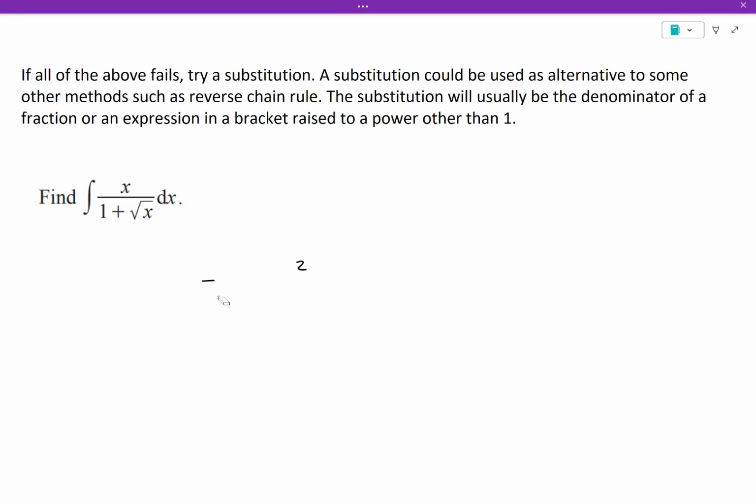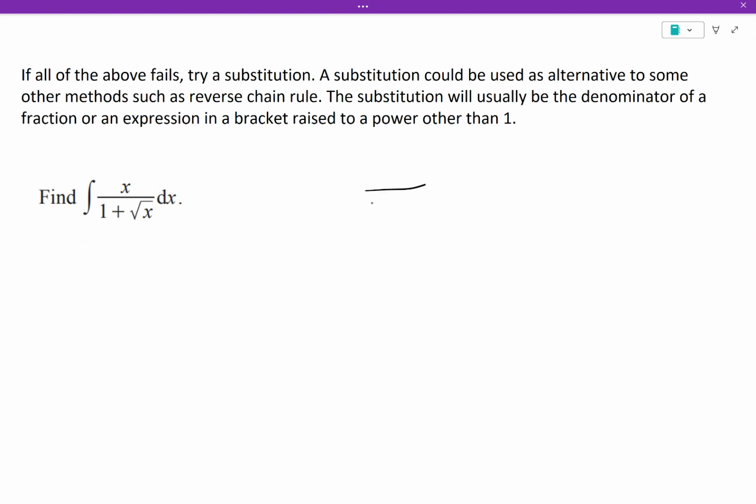We're not going to use indice laws to rewrite this because the denominator is to the power of 1. And then we're not going to worry about our improper fractions or partial fractions because our denominator is not a quadratic or a polynomial or a cubic. It's got that root in it, so we're not going to do those processes. Therefore, I've come to a point where none of my methods are working, so we're going to try a substitution. In terms of what the substitution should be, usually it's something related to the denominator of a fraction.